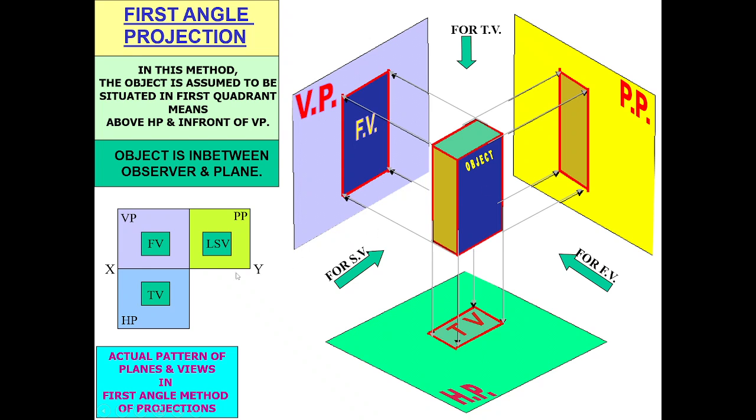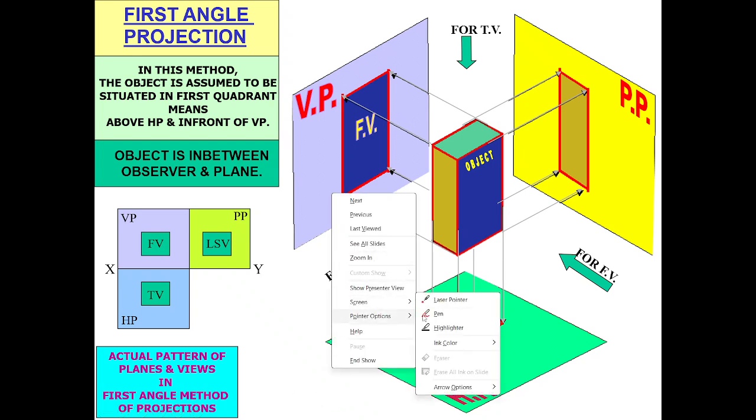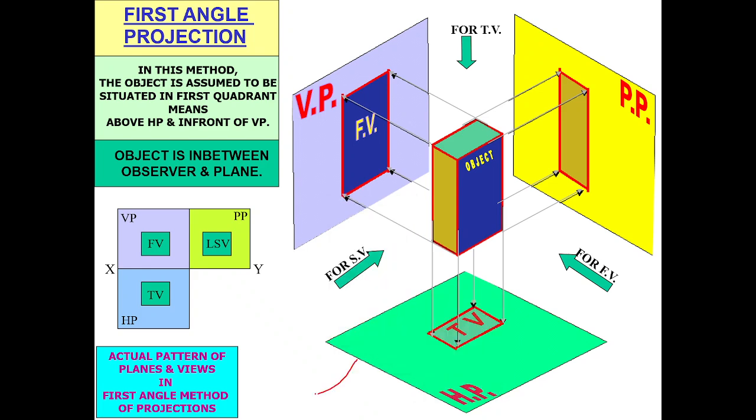After taking the projection we rotate the horizontal plane and the vertical plane by 90 degrees. If you rotate the vertical plane 90 degrees like this, the HP will come below the VP.